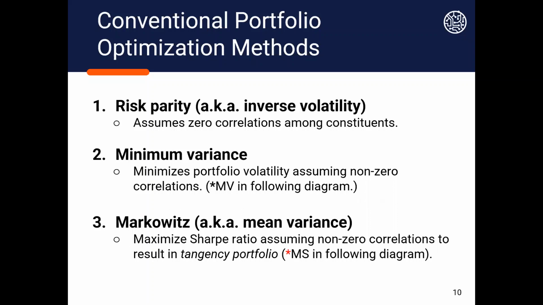You assume that there are zero correlations of returns among the constituents of the portfolio, and you allocate capital based on 1 over their volatility. That means you are trying to allocate equal risk to each component of the portfolio, assuming that the risks are uncorrelated. Obviously, it's the wrong assumption, but that's a very typical kind of portfolio that people present.